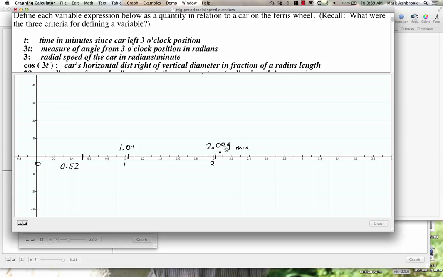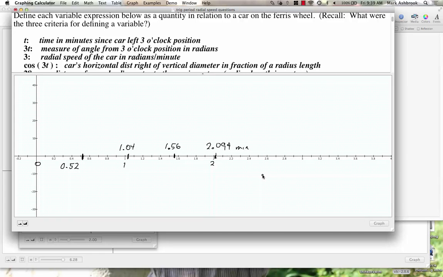And what do you get? 1.56. So that gives us these critical quarter points of the first period.